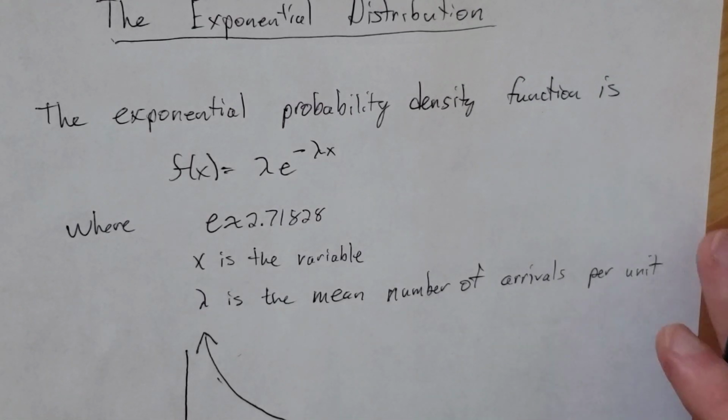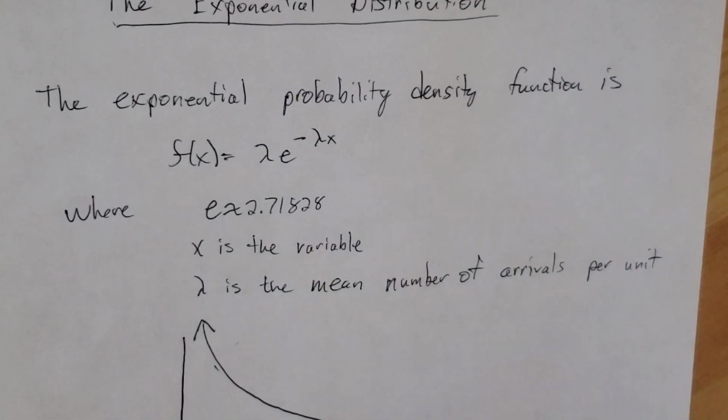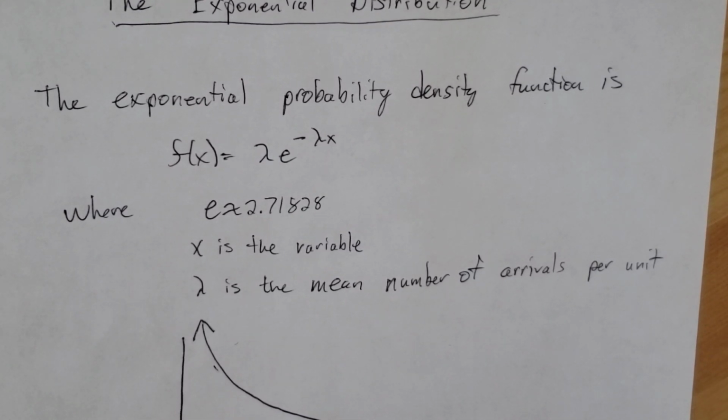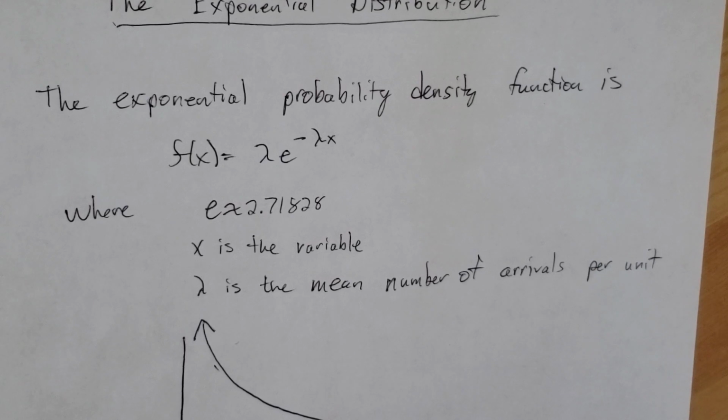So what do we do with this information? What does this usually model? Well, if we know the mean number of people who arrive at a bank over a certain time period, then you might ask yourself, what is the likelihood of somebody arriving in the next 5 minutes? This kind of function can help us solve that problem.